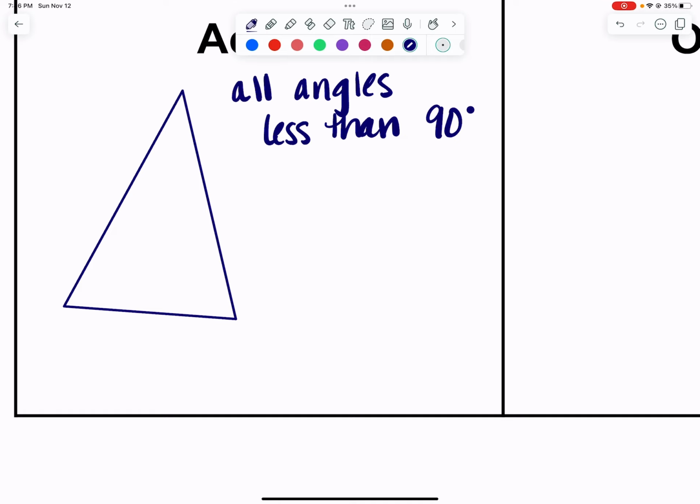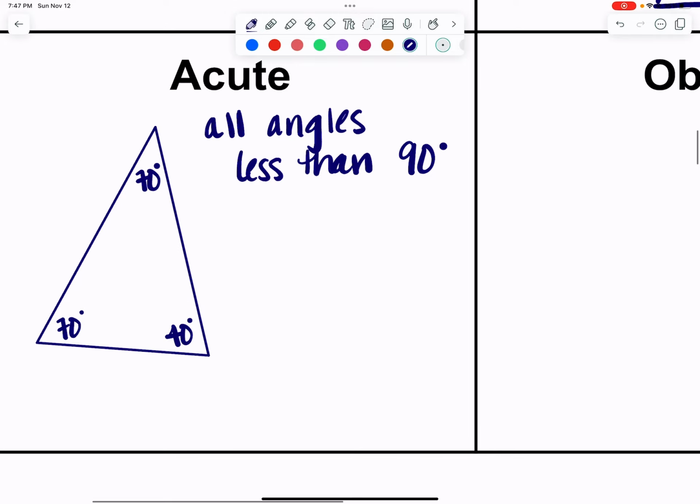All of its angles are acute angles. So we could make this one, I don't know, 70 degrees. And we could make this one 70 degrees. And this one 40 degrees. And those would be all acute angles, making this an acute triangle.